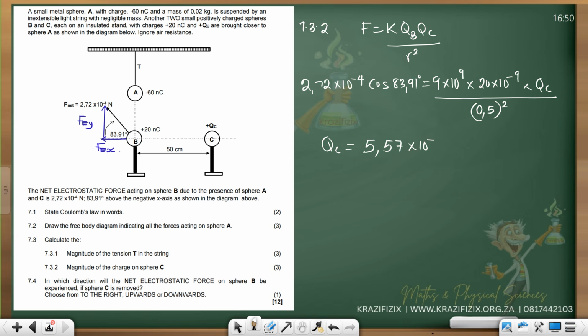If we really form a right angle triangle between the electrostatic forces, you want to form a right angle triangle. So when we say the electrostatic force between AB squared plus BC squared is equal to the 2.72 times 10 to the negative 4 squared.